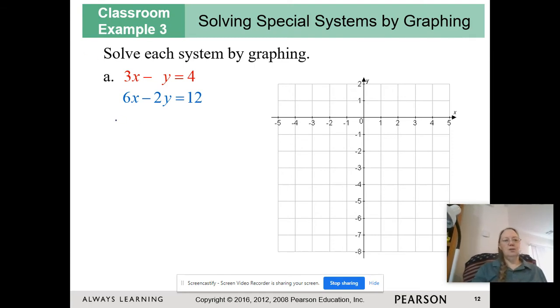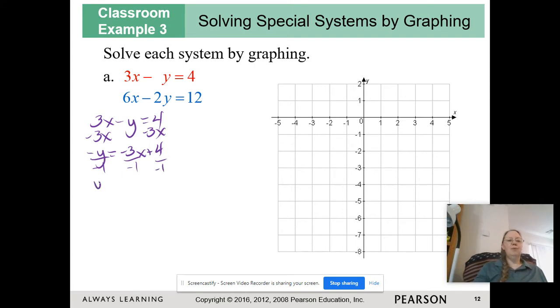So let's suppose I have 3x minus y is equal to 4. This one looks pretty easy to put in slope-intercept form, so I'm just going to go ahead and do that real quick. I have negative y is equal to negative 3x plus 4, divide by negative 1.